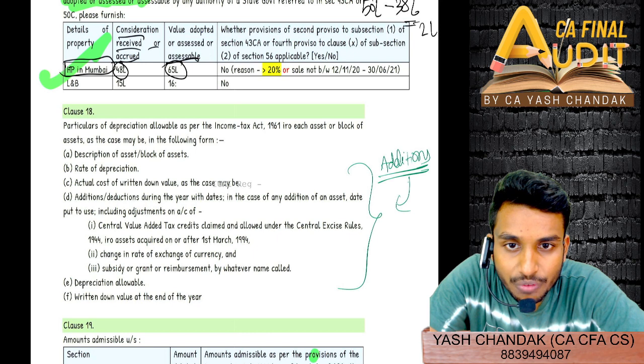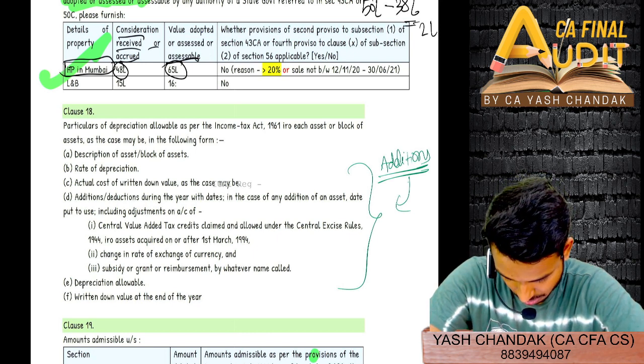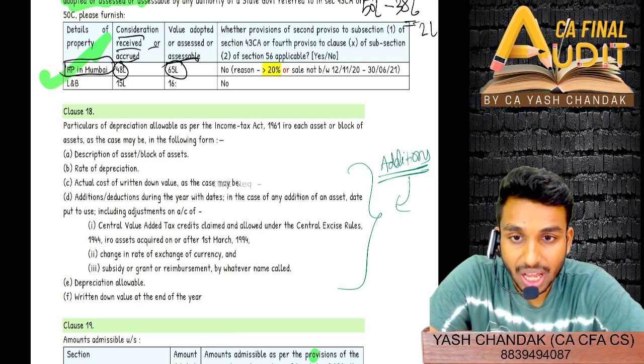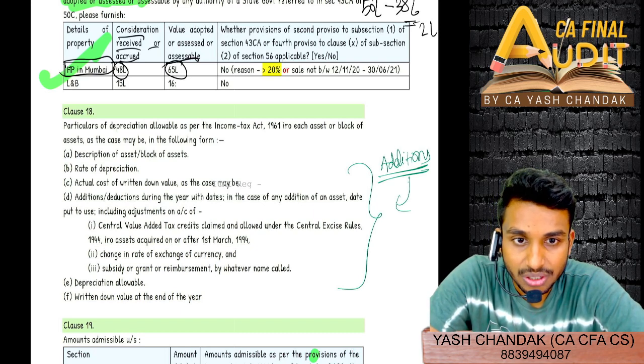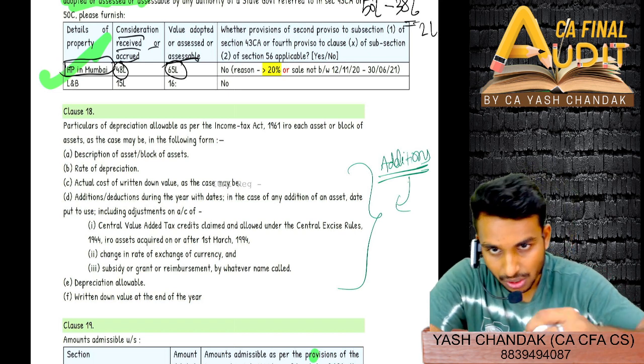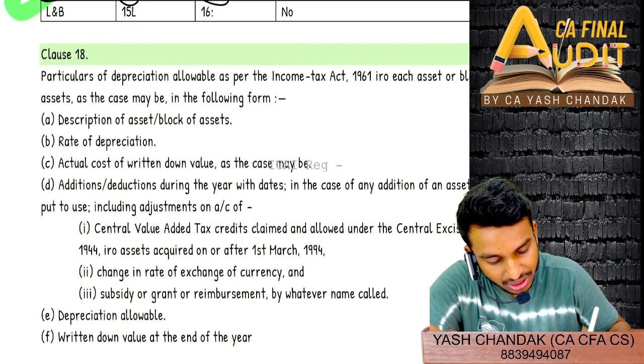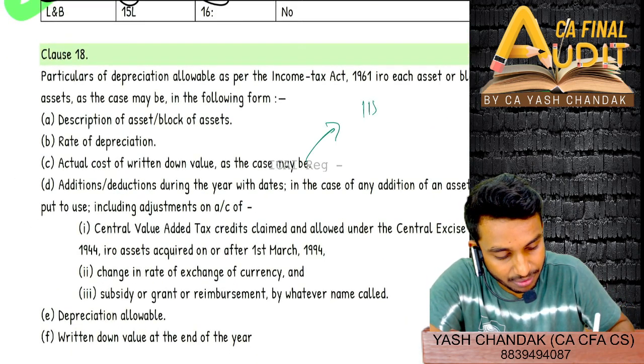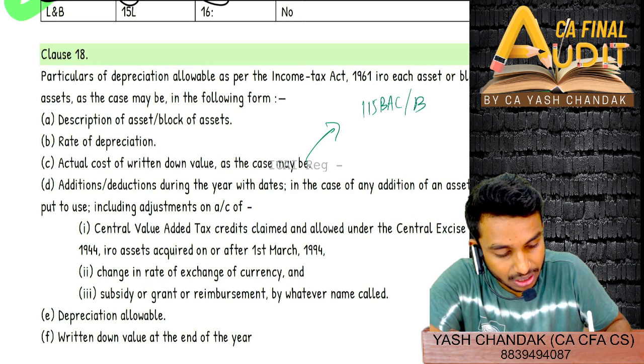So depreciation of asset, block of asset, then rate of depreciation, then actual cost or WDV as the case may be. And thereafter there are 2 points. One is adjustments made to WDV on account of 115BAC and BAD. There are a few assets for which depreciation will not be allowed. Do you remember 115BAC and BAD?